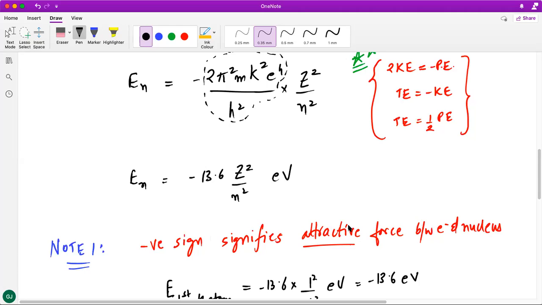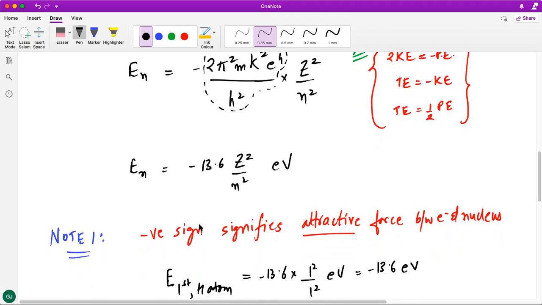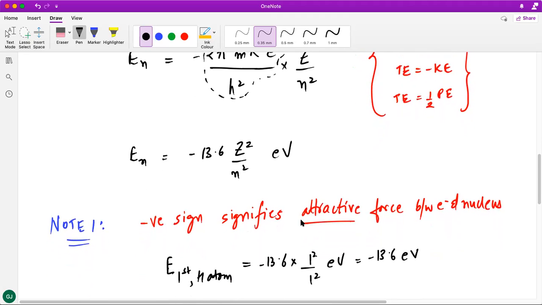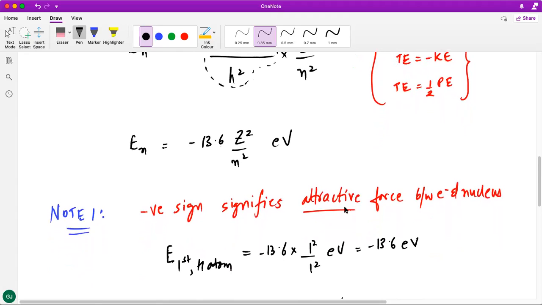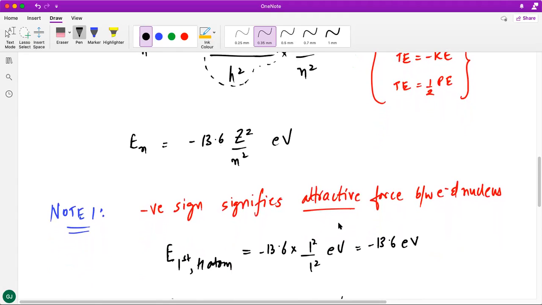However, we are not in the position right now to change conventions. So what we will do is we will go ahead with the conventions that have been established. And in this case, that negative sign, the convention that we have is it is signifying the attractive force between electron and nucleus.